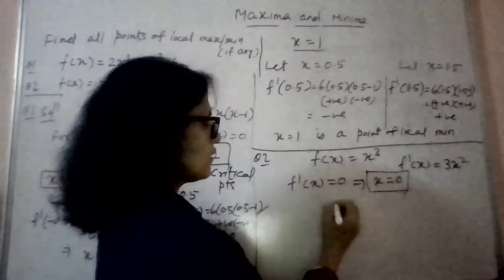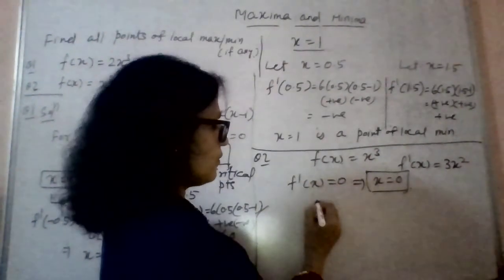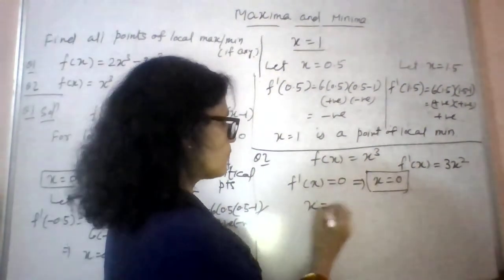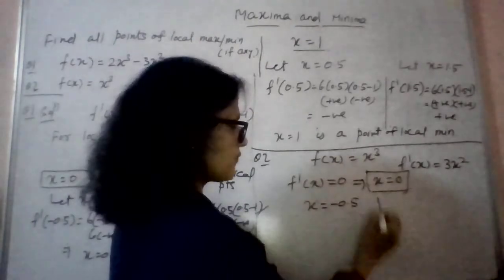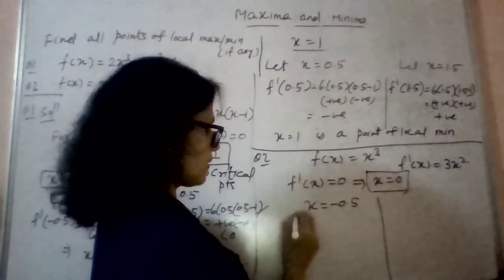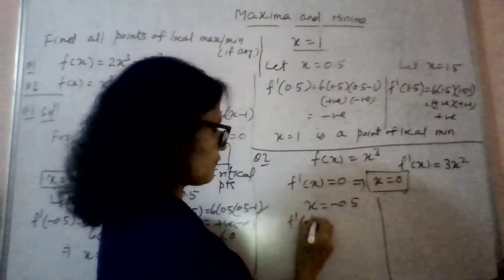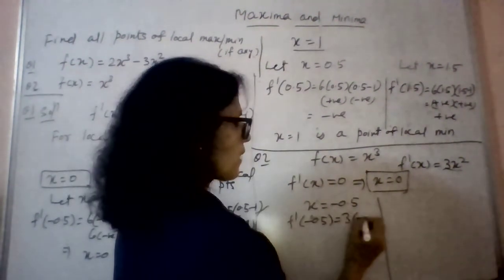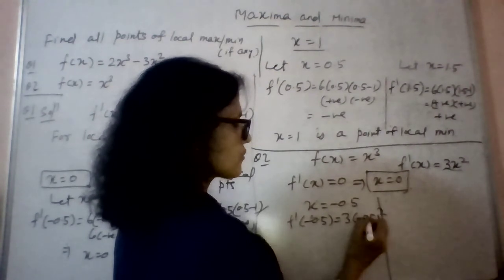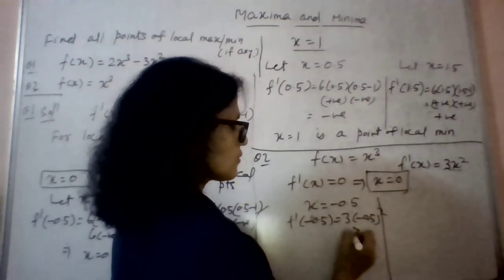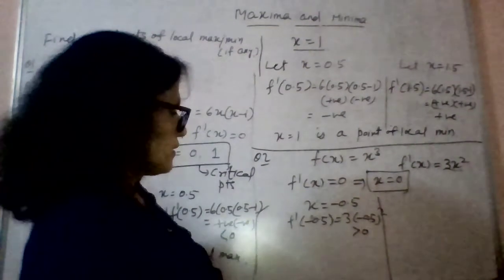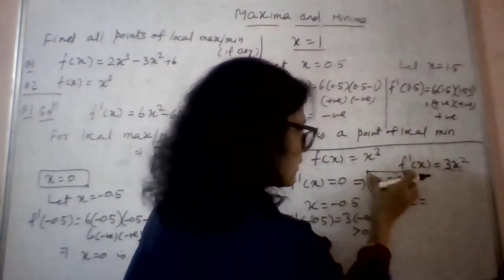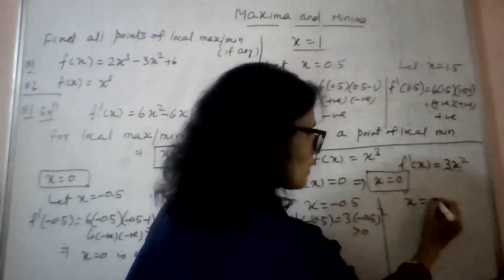Now next, considering x equal to 0, moving from left to right, right? x equal to minus 0.5. Let's check it. f dash minus 0.5 equal to 3 into minus 0.5 whole square. That is a positive quantity. Similarly, if you move from left to right, now take a point to the right of x equal to 0.